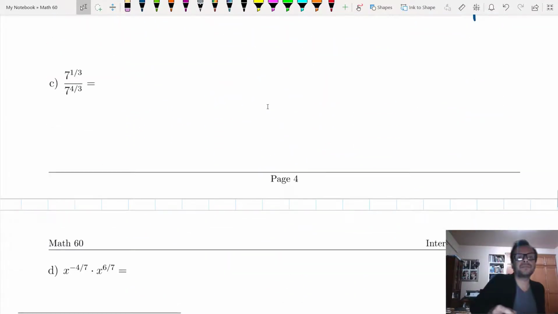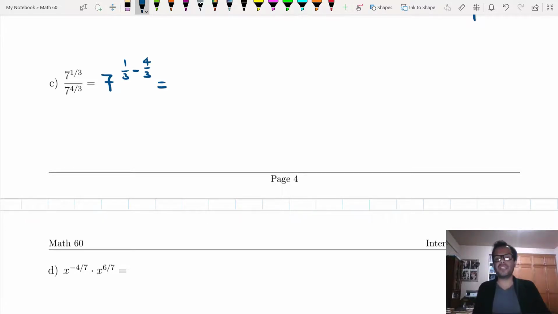So we are going to write the number 7 raised to the 1/3 minus 4/3, and all we do is the operation implied in the exponents. So 1/3 take away 4/3, we end up with -3/3, but this can be nicely simplified. -3/3 is the same as saying -1.